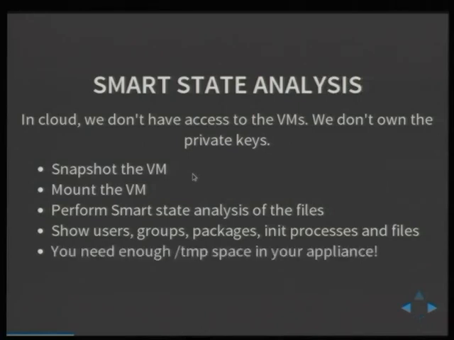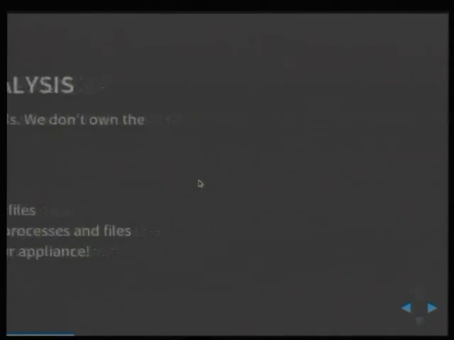Just remember you need enough temp space in your appliance or workers that are doing this smart state analysis. You don't need smart state analysis in some providers. For example, VMware is very old and has a mature API, so it can provide you most of the detailed info in the API. And if it doesn't, we can get it by other means.